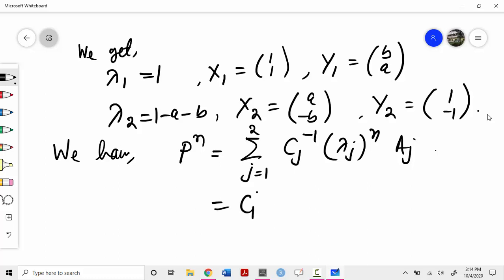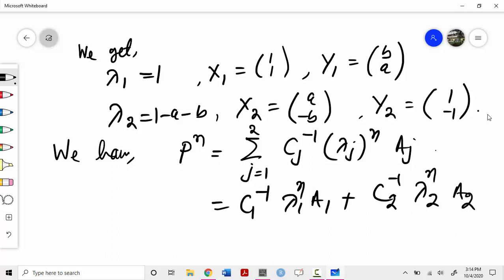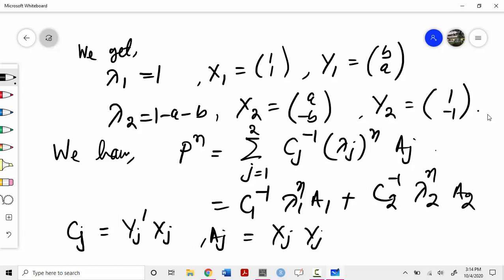So that is equal to C1 inverse lambda 1 to the power n a1 plus C2 inverse lambda 2 to the power n a2, where cj equal to yj dash xj and aj equal to xj yj dash, j equal to 1, 2.